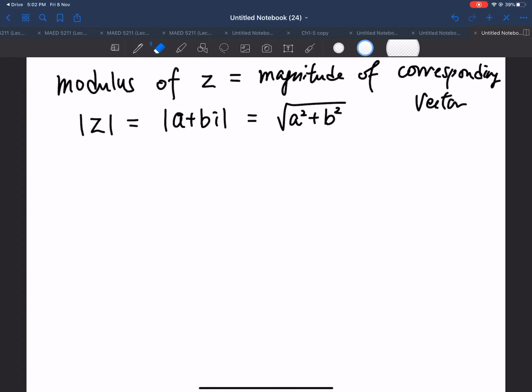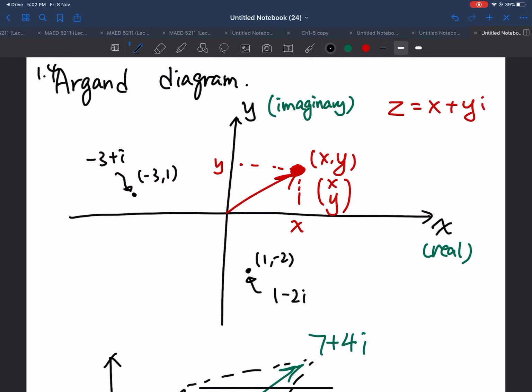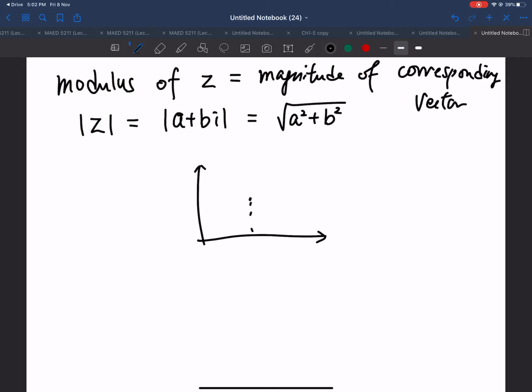So this one is the modulus of C. You will know why we use this later on. Just like when we draw this vector in the Argand diagram, here is a, this is b, and this vector or complex number is a plus bi. The modulus of this complex number is considered as the magnitude of this vector. You use the Pythagoras theorem, so you get the square root of a squared plus b squared.